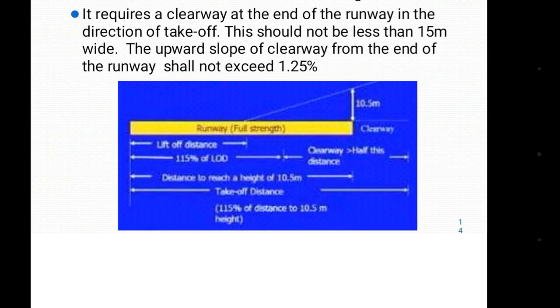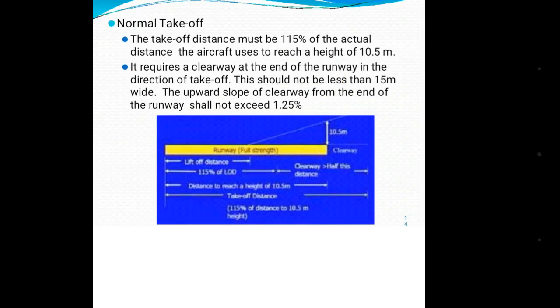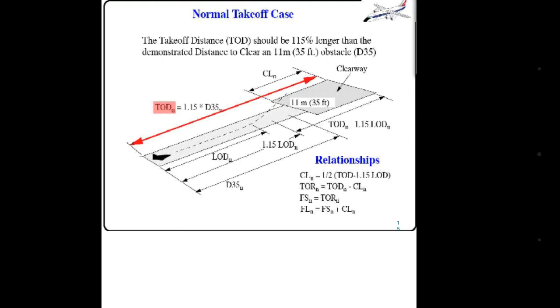So this is the second case, which we call normal takeoff. Again, this picture gives some idea about normal takeoff. The takeoff distance, that is TOD, should be 115% of the demonstrated distance to clear the obstacle.